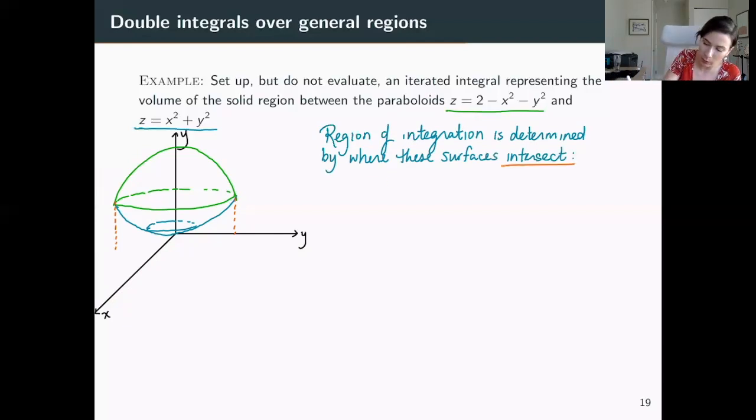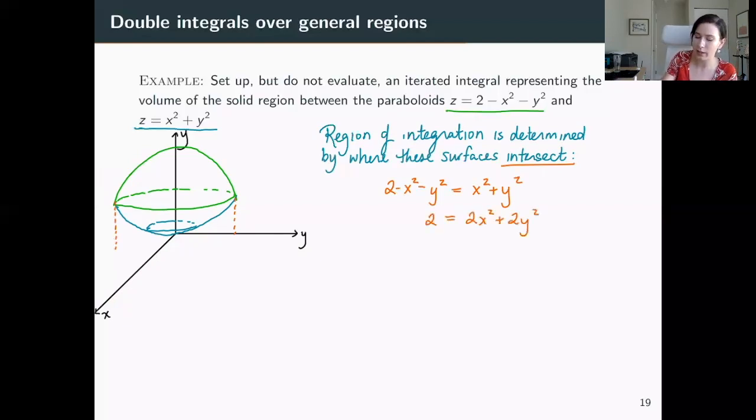So that means we want to know when 2 minus x squared minus y squared is equal to x squared plus y squared. A little bit of algebra brings us to 2 equal to 2x squared plus 2y squared, which means that 1 is equal to x squared plus y squared. Our intersection is going to be given by the unit circle centered at 0, 0.